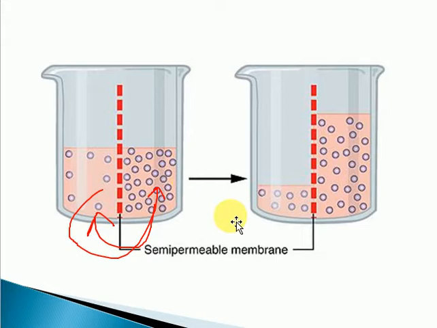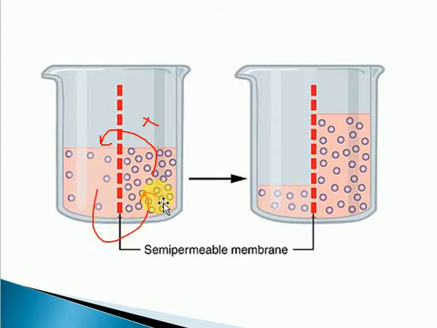In order to equalize the concentration, either the solute should move or the solvent should move. Now because there is a semi-permeable membrane, it would not allow the movement of solute. Therefore, the solvent, which is water, moves from this side to this side.